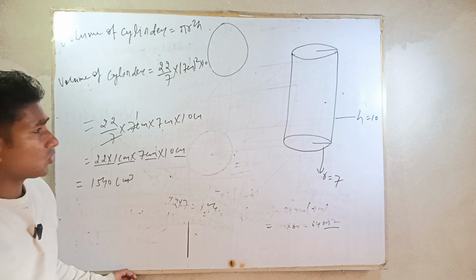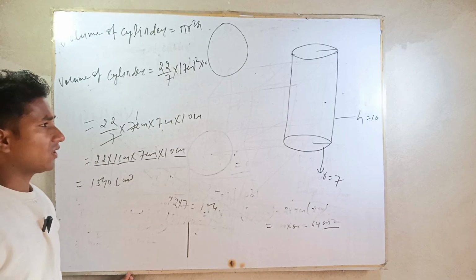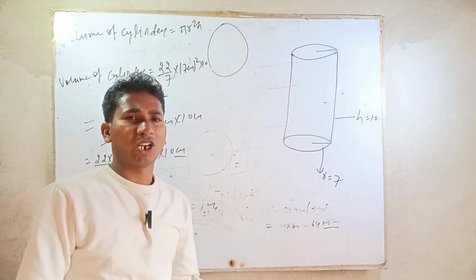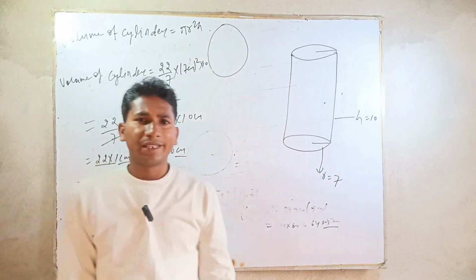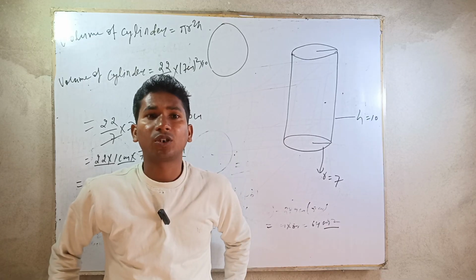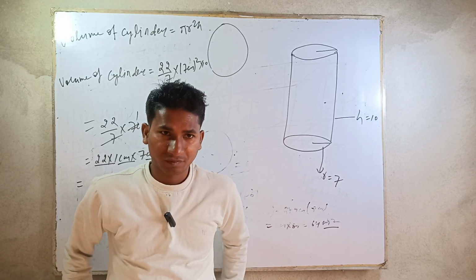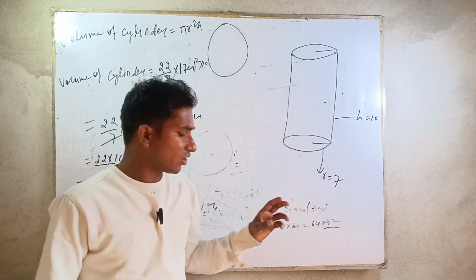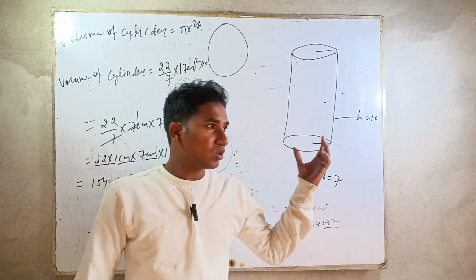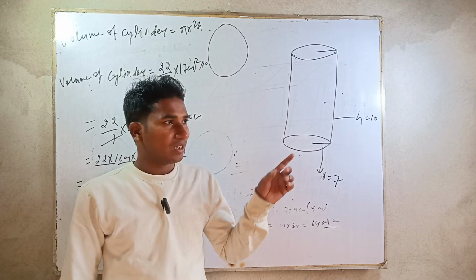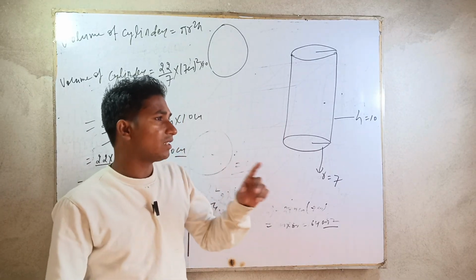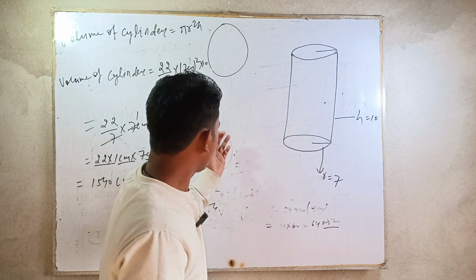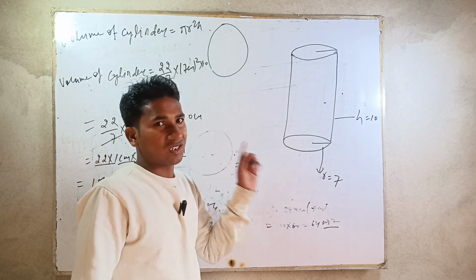So by this process, you can find the volume of any type of cylinder. Cylinder can also be a pillar of your building whose height is given. If you don't know its radius, then you need to know its circumference.